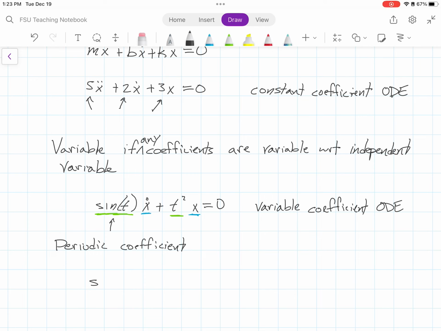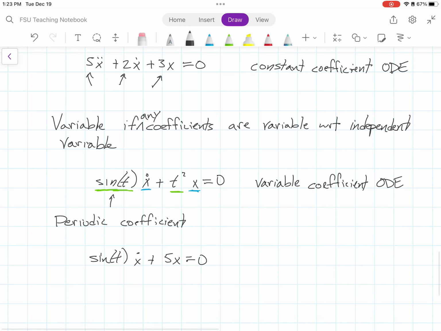So if you have something like sine of t times x dot plus 5x equals 0, this is a special case of variable coefficient where you're only dealing with periodic functions.